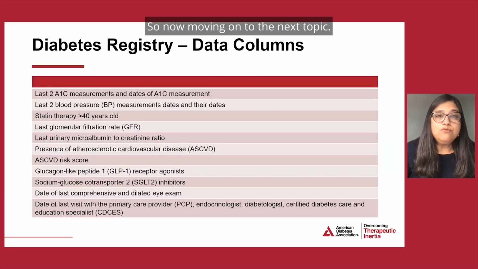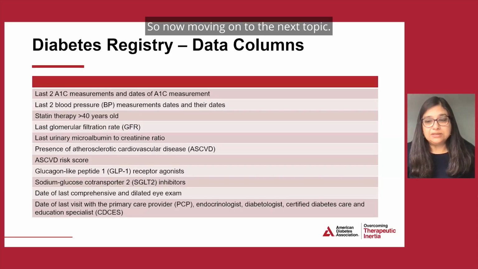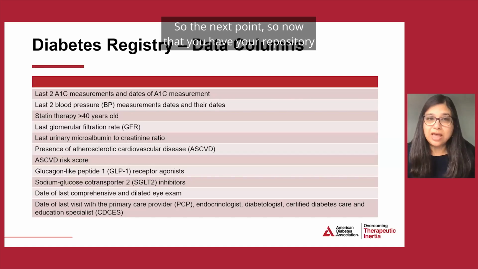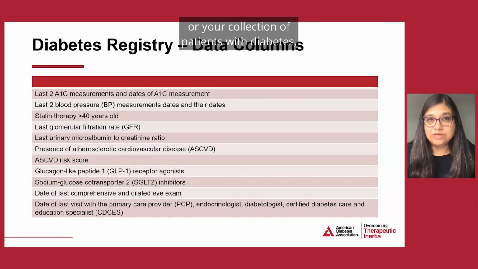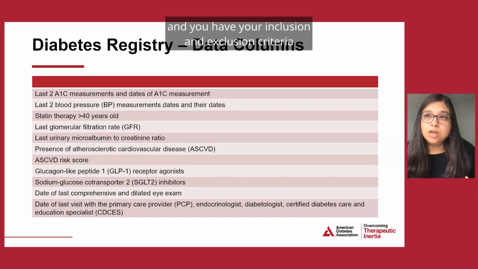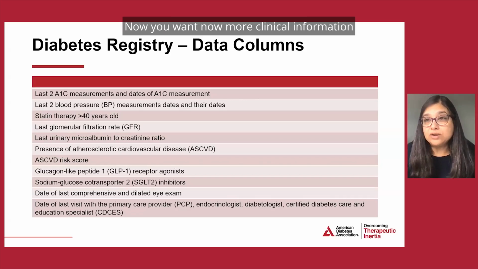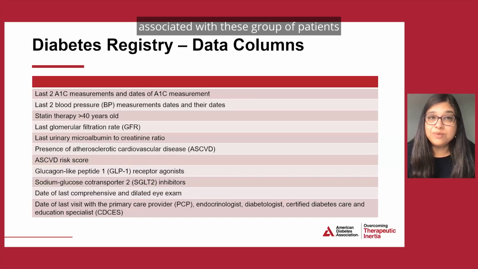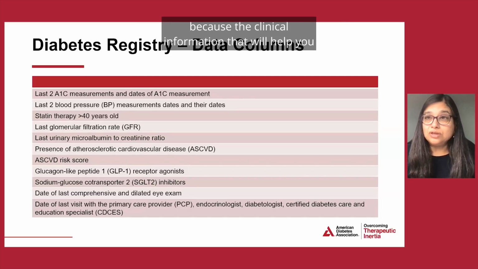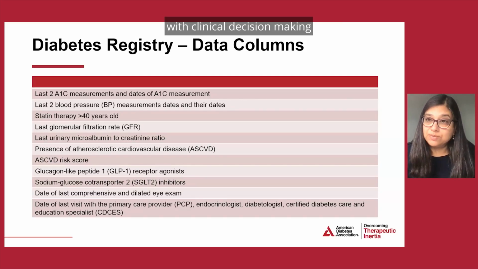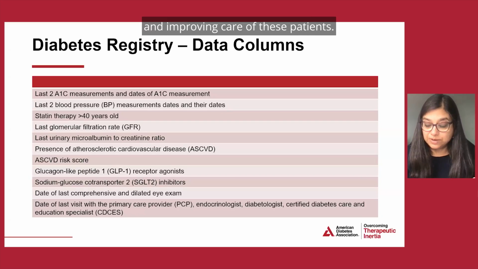So now moving on to the next topic. Now that you have your repository or your collection of patients with diabetes, and you have your inclusion and exclusion criteria on how you want to define your particular population, you now want more clinical information associated with this group of patients, because the clinical information will help you with clinical decision making and improving care of these patients.